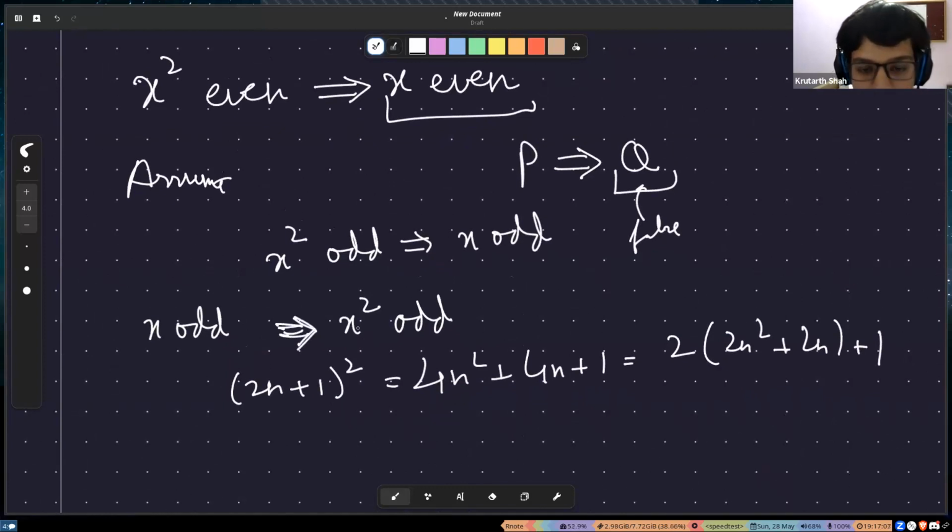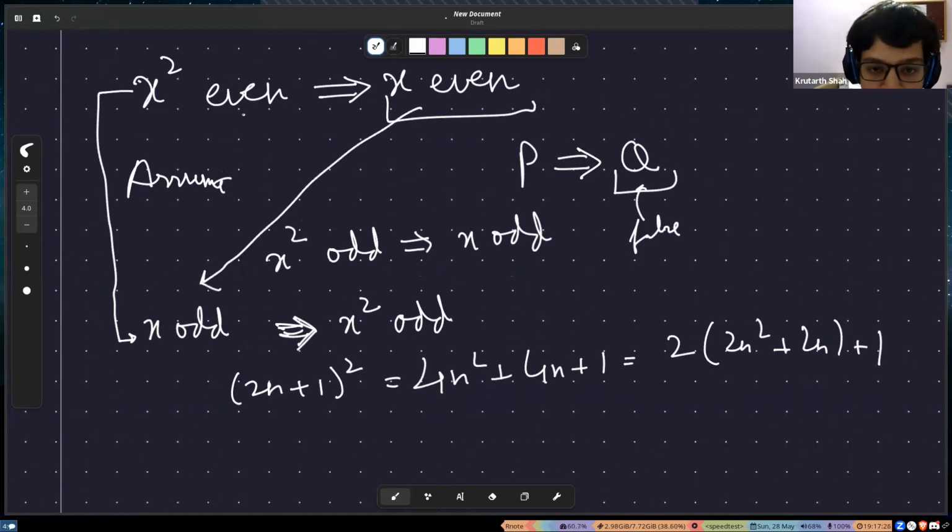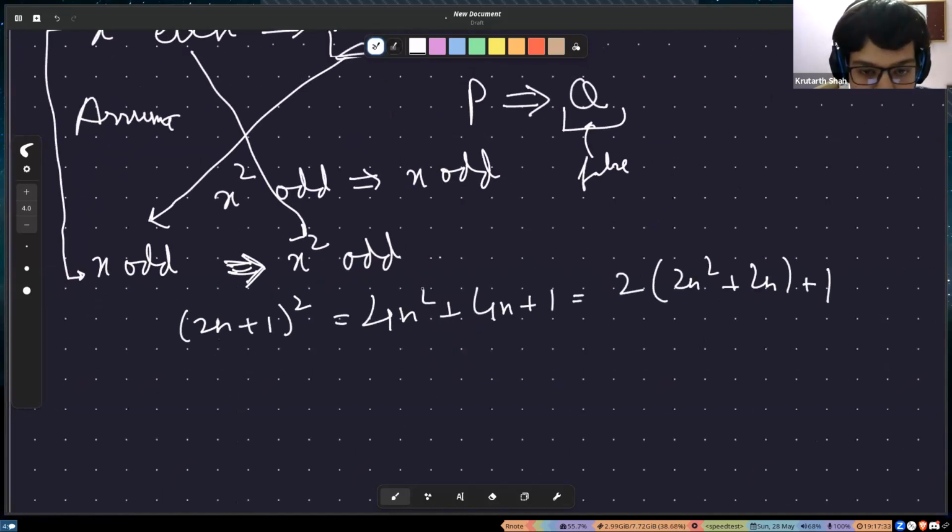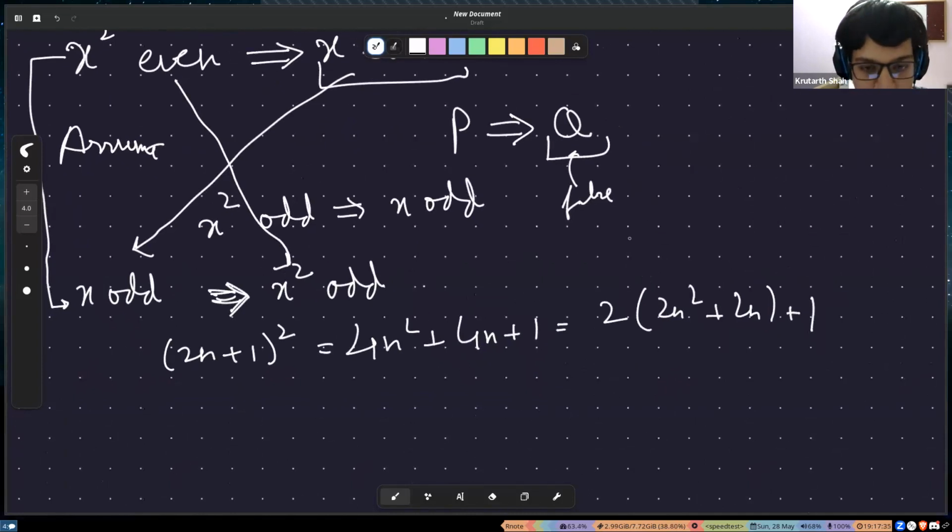So in that case, we are getting x square to be odd, which concludes that x should be even if x square is even. Yes, exactly. So in some sense, this is the contrapositive of this statement, right? Because we have the opposite of this statement and the opposite of this statement. Because contrapositive is just contradiction in the same way.